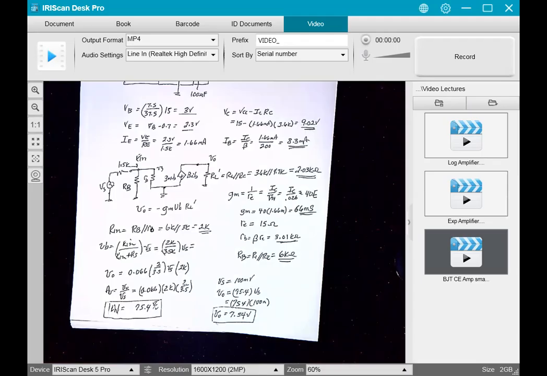Question. So where did I get that from? Right here. The gain is defined as V out over VS. So when I say the gain here is 75.4, that's V out over VS equals 75.4. If I multiply both sides by VS, I get V out. So now if I put in my value of VS, I can tell you what the value of V out is.